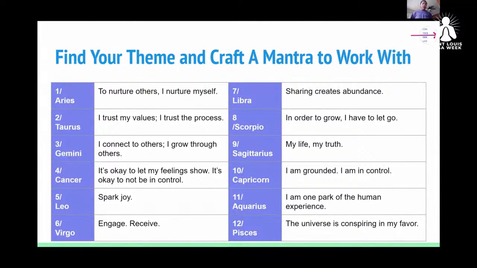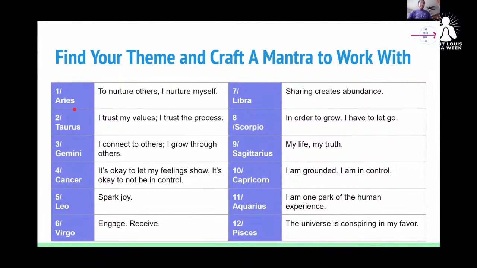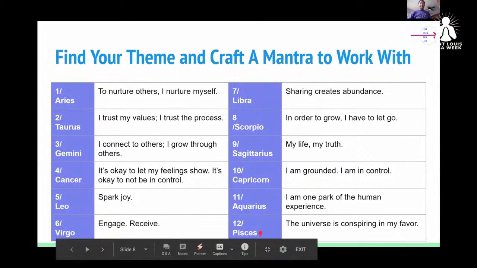In that last example, we had Aries as one of the ones that popped up. So if your North Node was in Aries, if you were born in most of 1986, for example, which is my birth year, your North Node would be in Aries. If you were born in 1987 or 88, your North Node might be in Pisces. And so you can use this to find your sign.